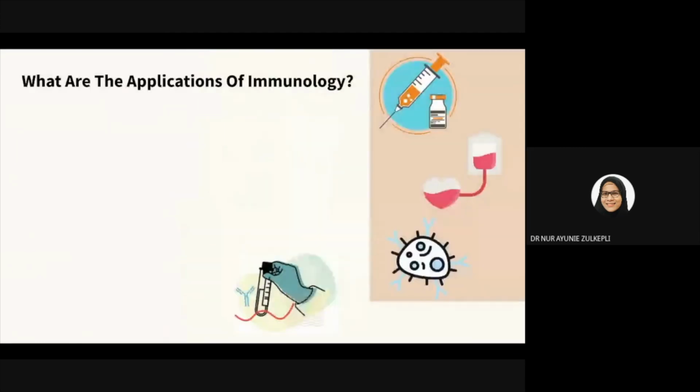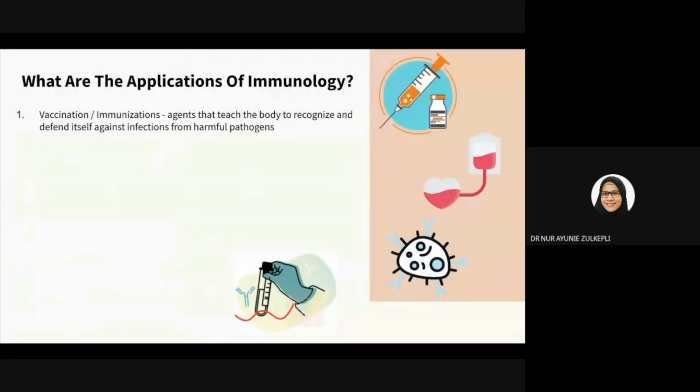Okay, so now what are the applications of immunology? When you study immunology, you can relate or apply it to something else, right? So for vaccination and immunization, these are agents that help the body recognize and defend itself against infections from harmful pathogens.